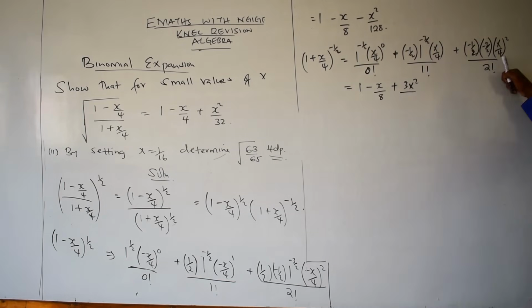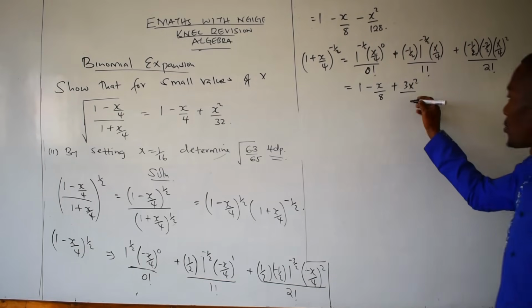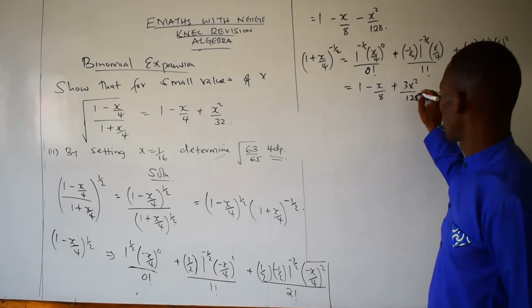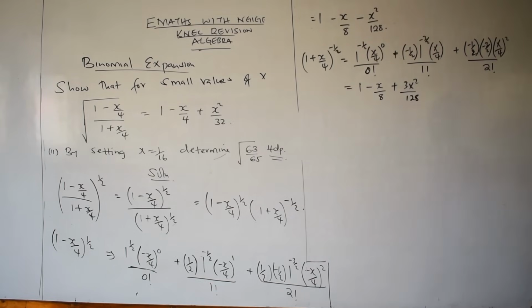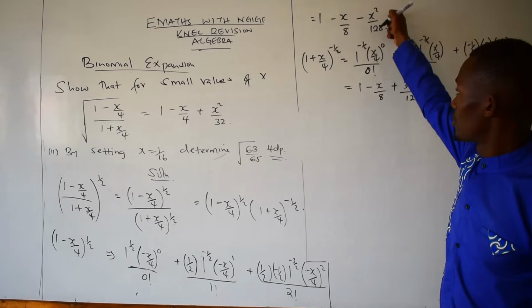Then over, remember this one is 4 squared, which gives you 16. 16 times 2 times 2 gives you 64. 64 times 2, 128.